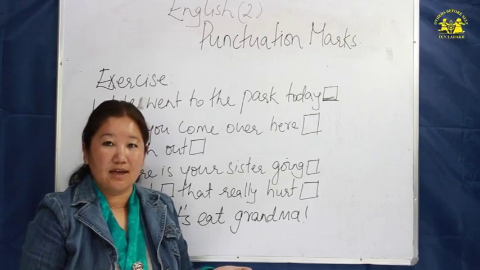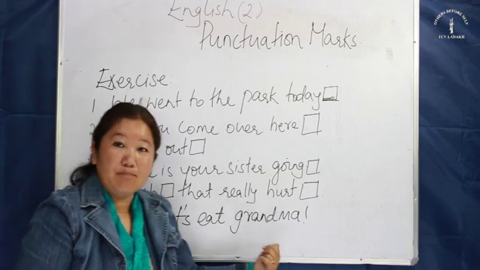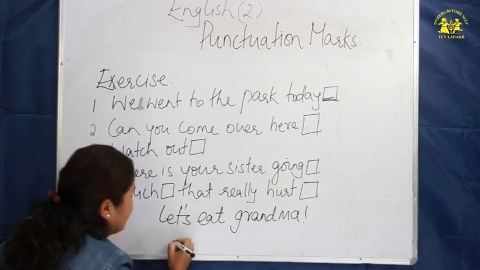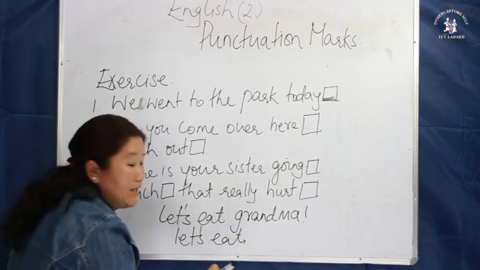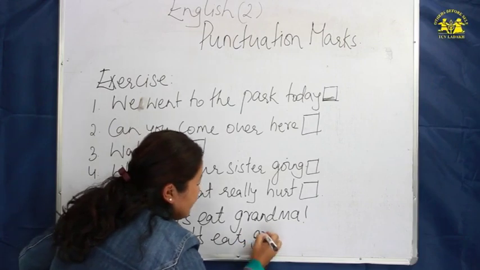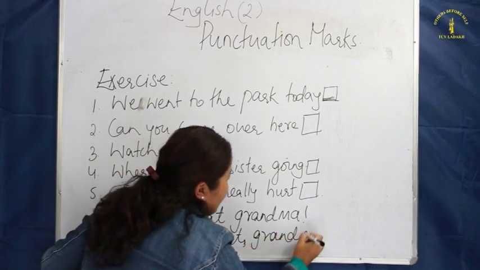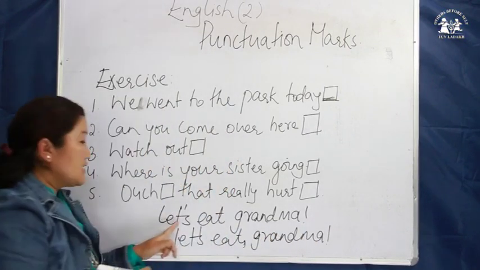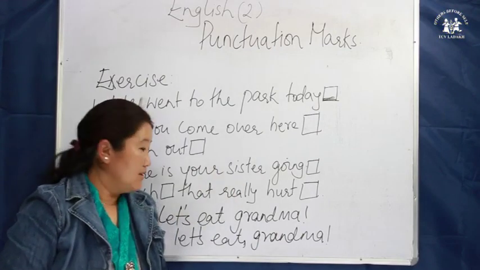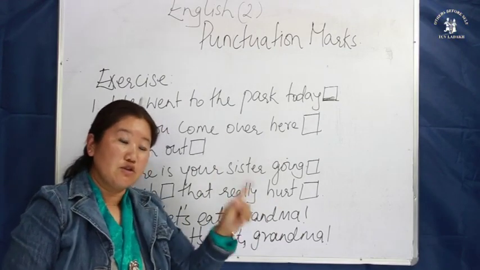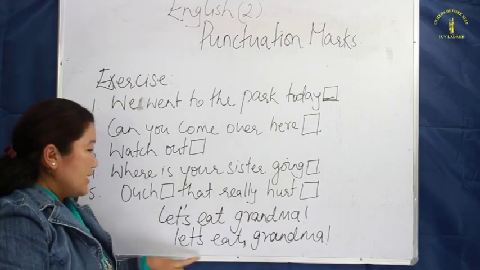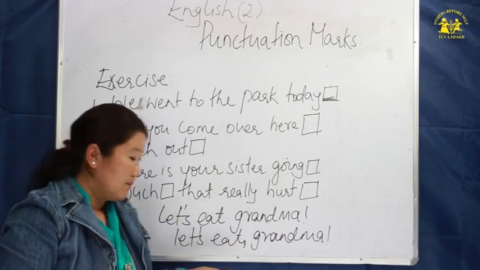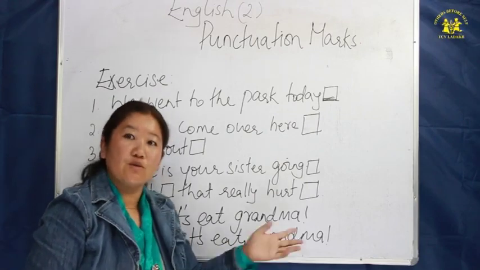When we talk, it's okay, but without any punctuation here, let me write another sentence. You put a comma after eat and then write grandma. This is telling that you're going to eat grandma, just like let's eat burger. Now with the help of the comma, let's eat, grandma.